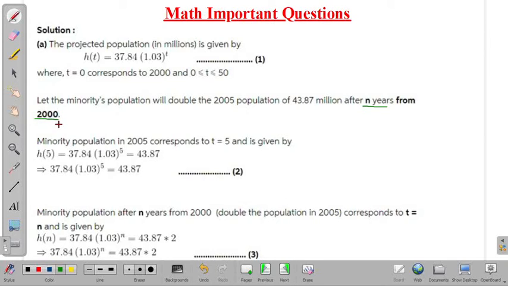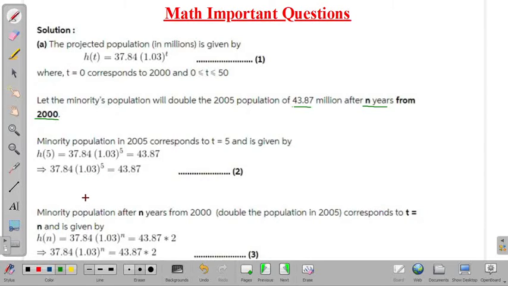In 2005 the population was given as 43.87 million. So when we substitute t = 5 in equation 1, we get the population in the year 2005, and this will be equal to 43.87. So 37.84 times 1.03 to the power 5 equals 43.87, where we have replaced t by 5.